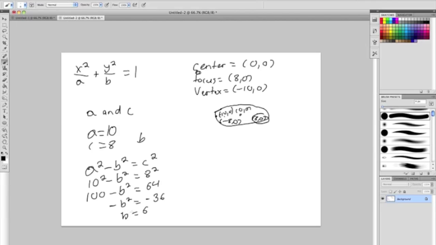So you should end up getting b equals 6 or b squared equals 36. They're both the same. So now all you have to do is plug in these numbers for this. Oh wait, this is supposed to be squared too. My bad, I forgot that.